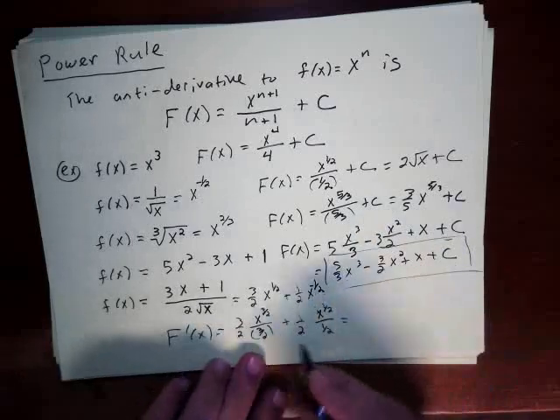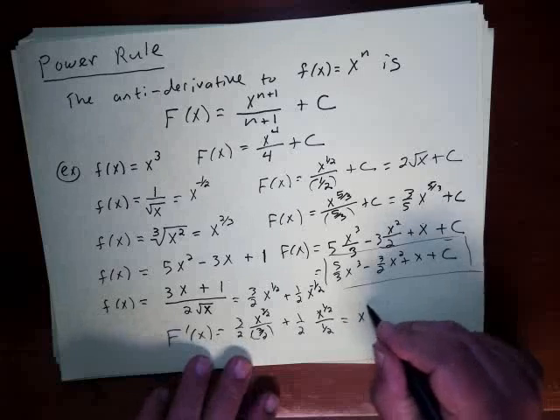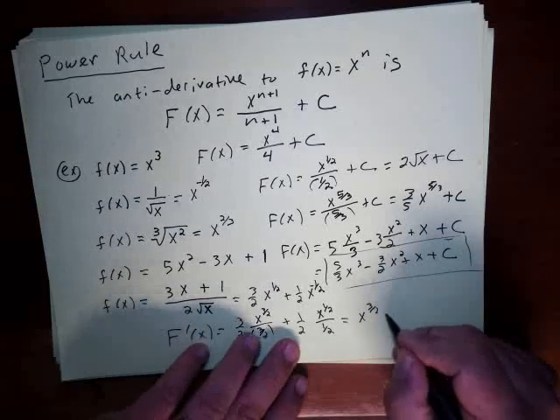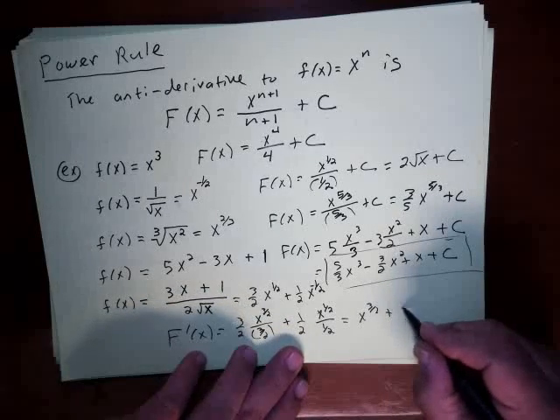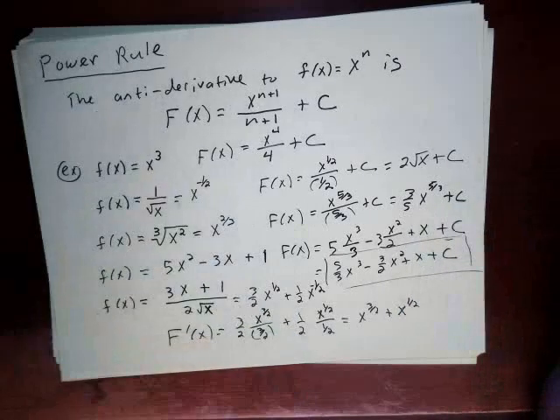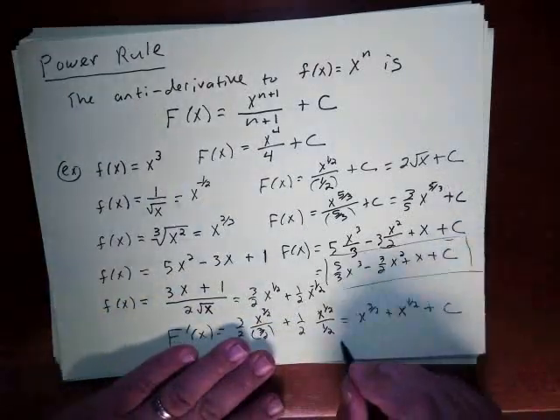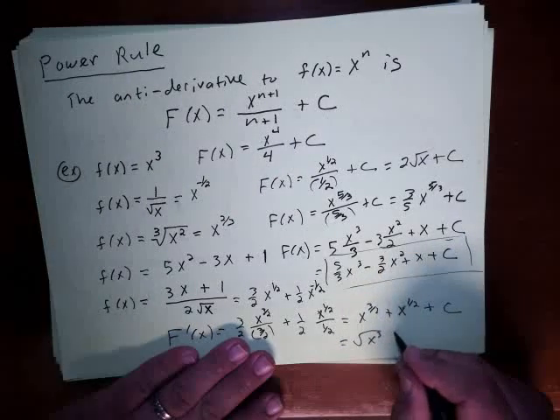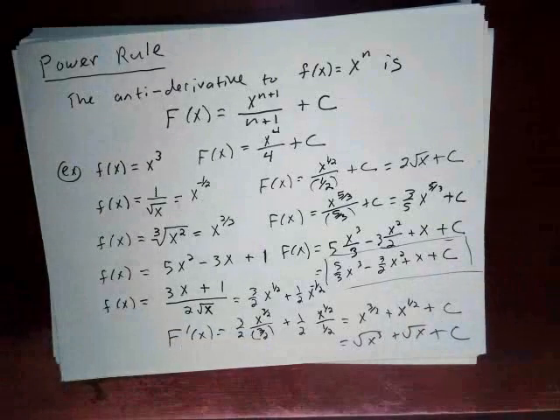And this is using the power rule on those. And then look, this inverts, and you just get x to the 3/2. They cancel out, right? And this would cancel out, and I would have x to the 1/2, right? And then I have a plus c. And if I wanted to, I could rewrite this as the square root of x cubed plus the square root of x plus c, or something like that. Okay?